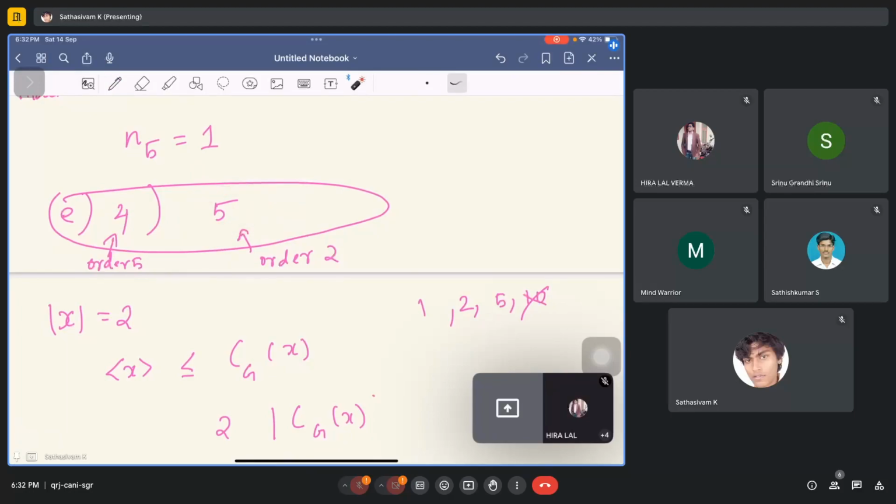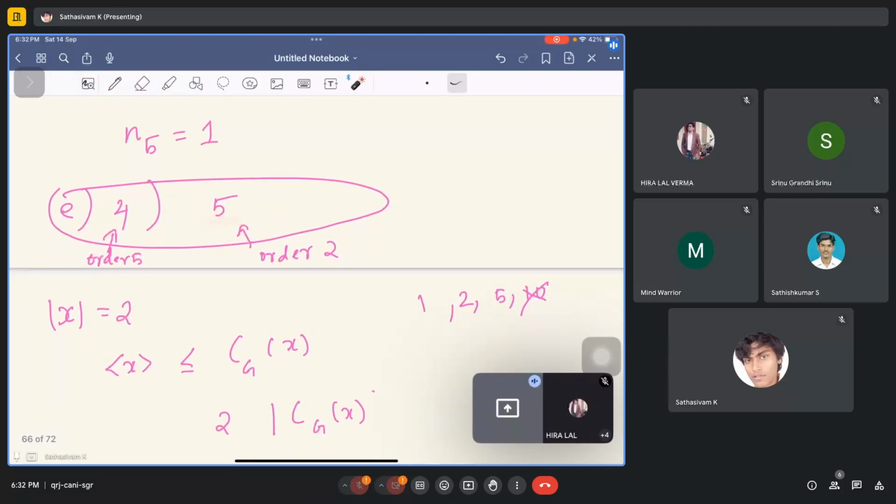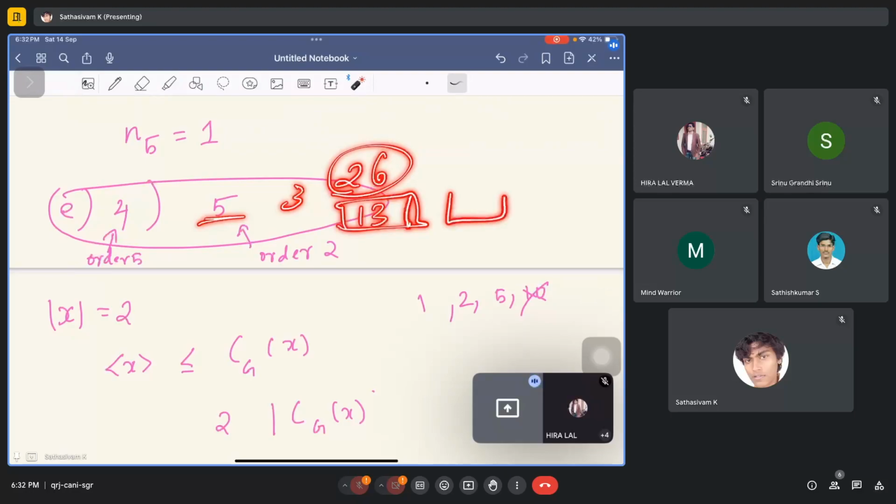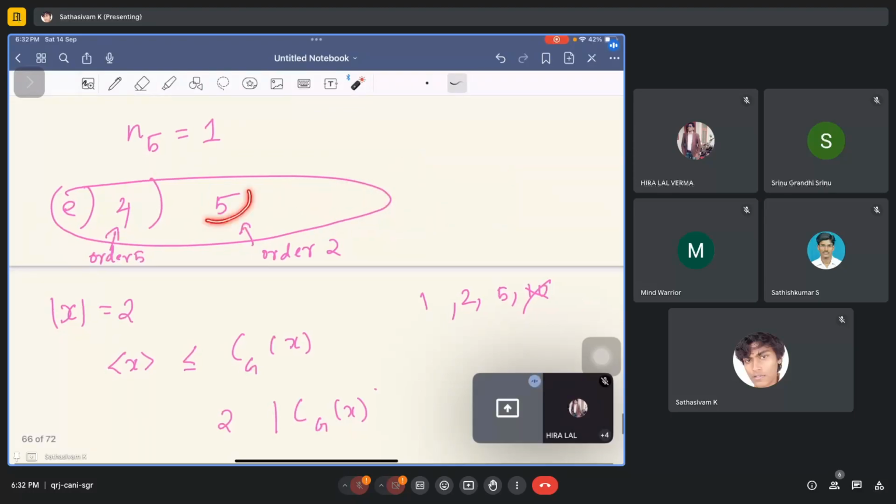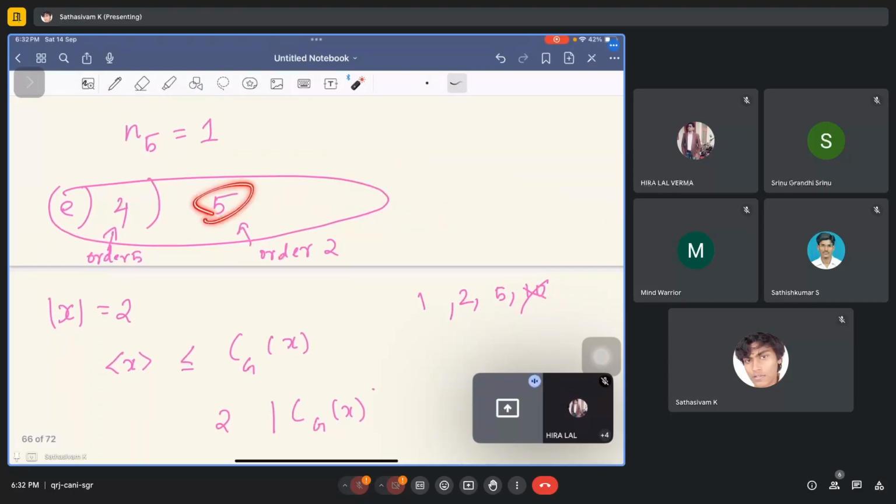This is different from the other case, where there were 26 elements of order 3 forming 2 equivalence classes of 13 each. But here these 5 form a single conjugacy class.